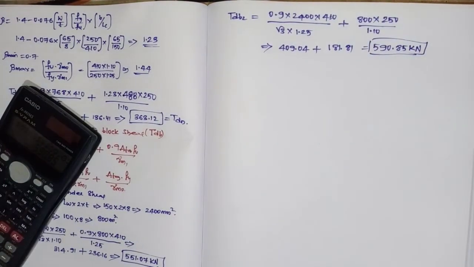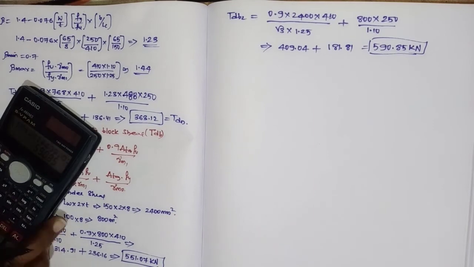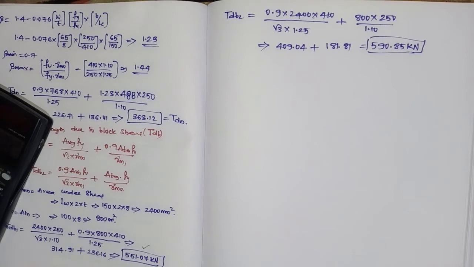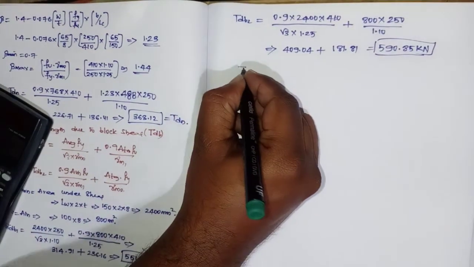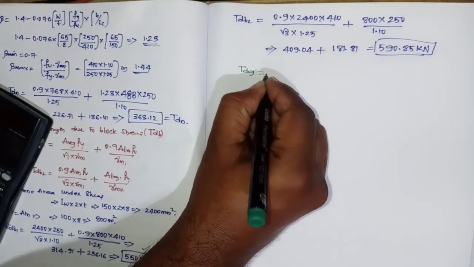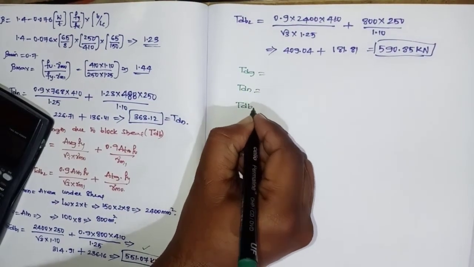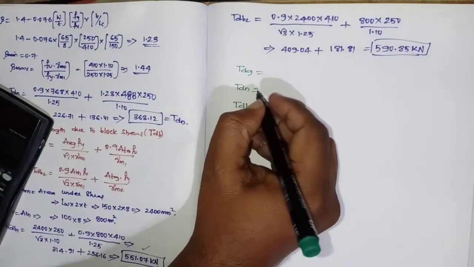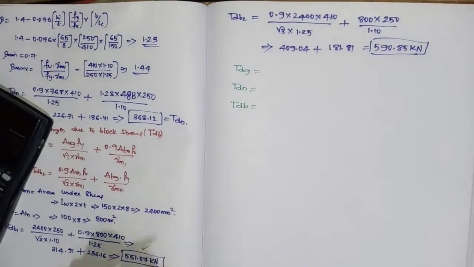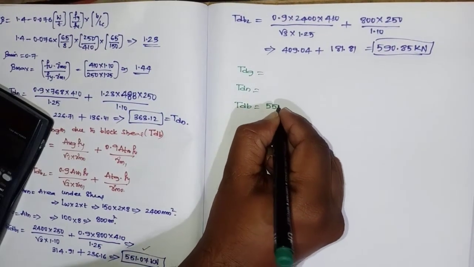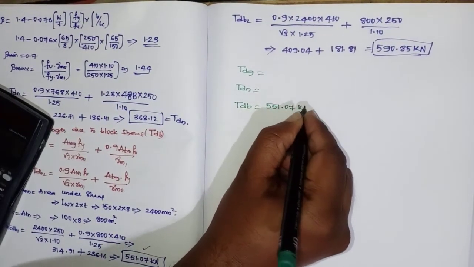Now, out of this TDB1 and TDB2, this one is least. Okay, now I will write these values: TDG, TDN and TDB. What is TDB? Lesser of these two, right? That is 551.07 kilonewtons.